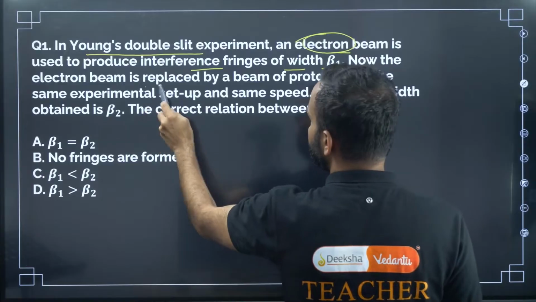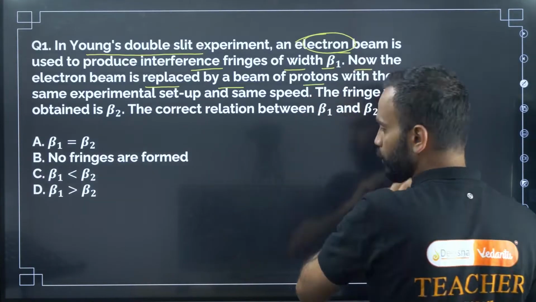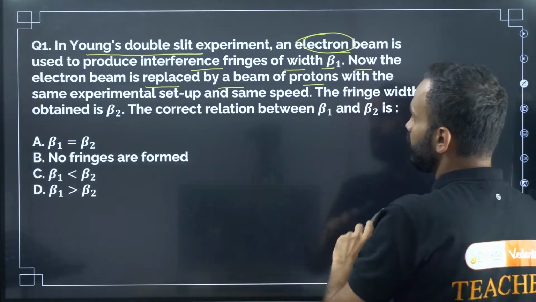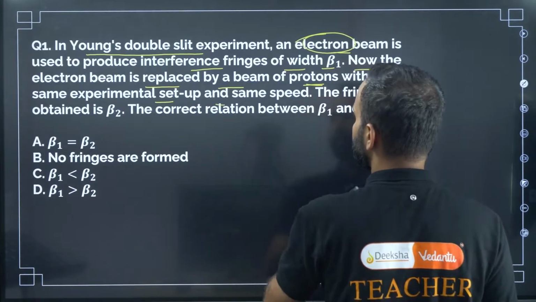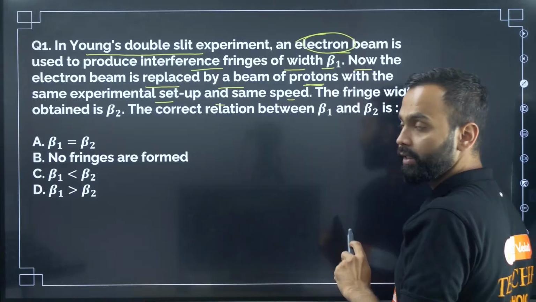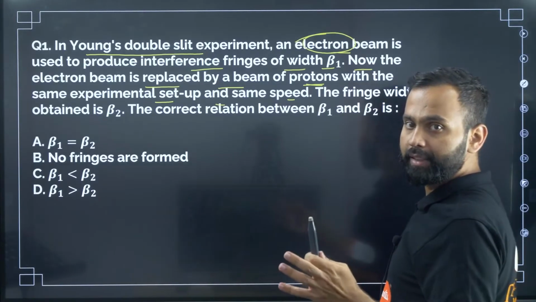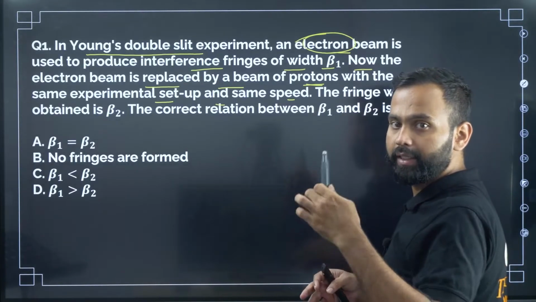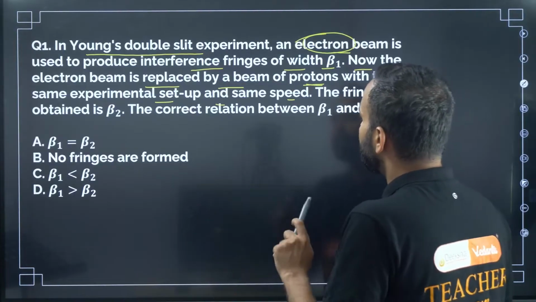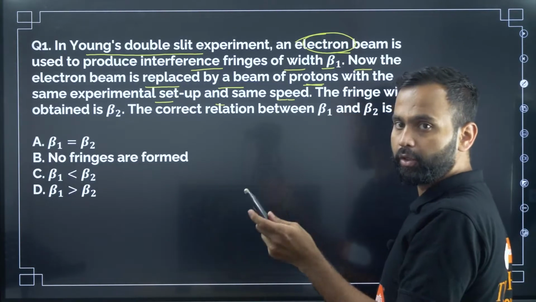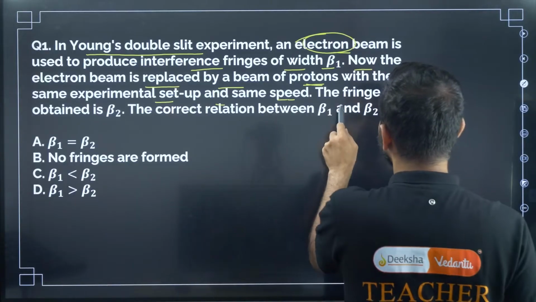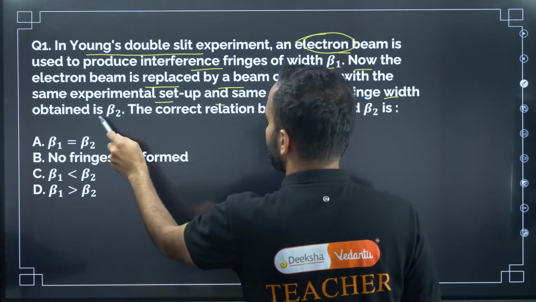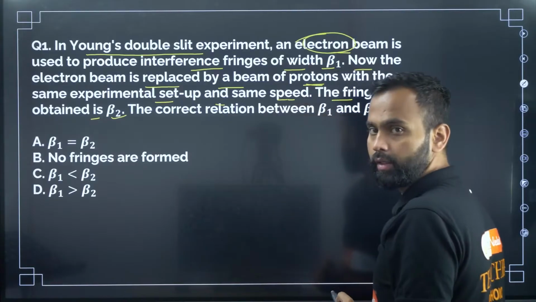Now the electron beam is replaced by beam of protons with the same experimental setup and same speed. Experimental setup is same, that is the values capital D, small d all are same, and same speed, that is speed of the electron and speed of the proton beams are same. The fringe width obtained is beta 2.